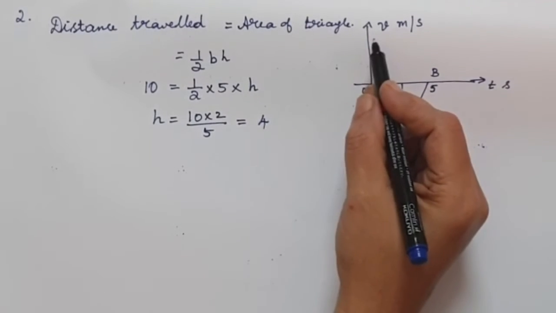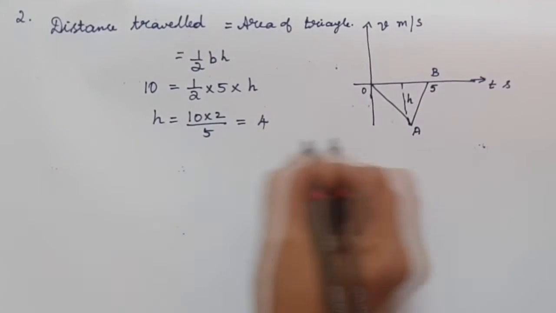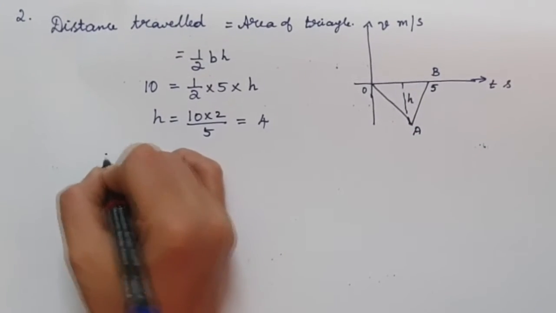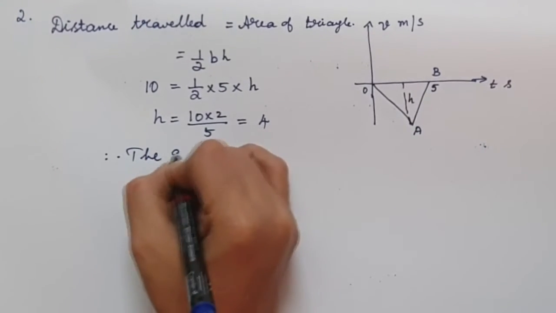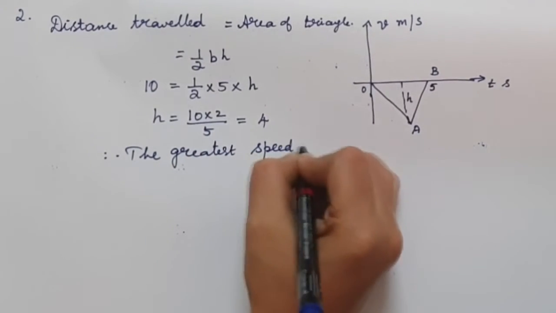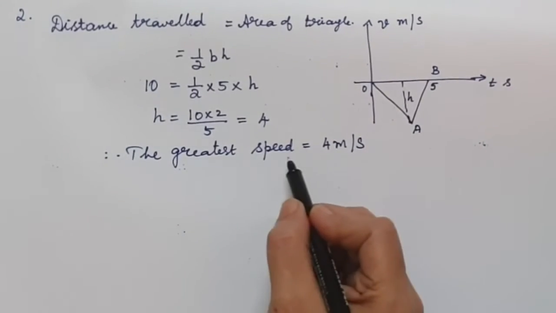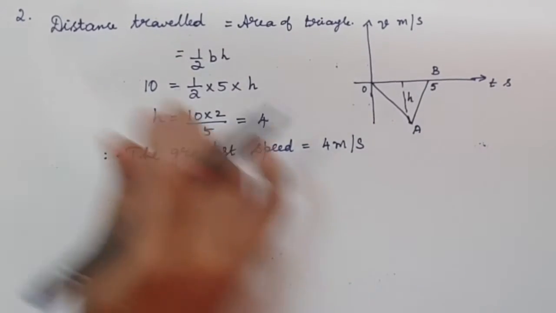But this is a velocity time graph, so this height is the maximum velocity, that is the greatest speed. Therefore, the greatest speed is equal to 4 meters per second.